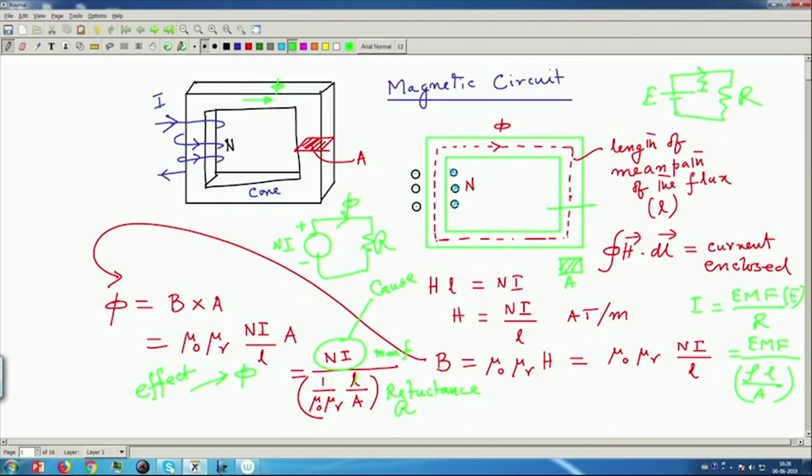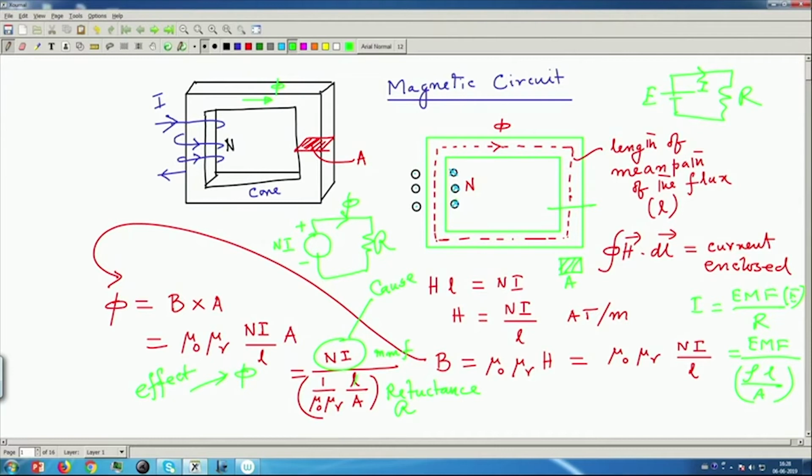Reluctance into flux will give me NI, and if I know the number of turns, I will simply divide that NI by N to get the current necessary. Anyway, these are known stuff, and we have a magnetic circuit like this. I will presume that you know about it, so no question of telling further about it.